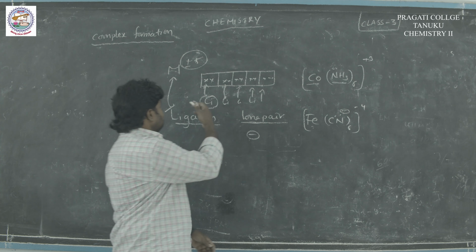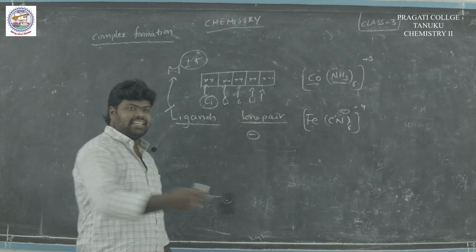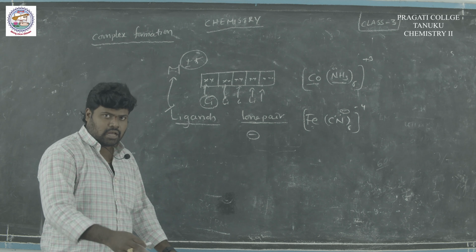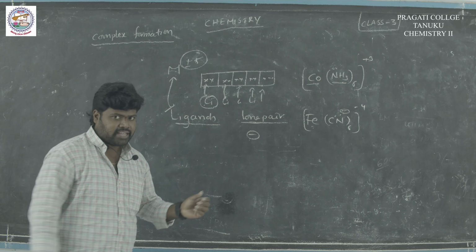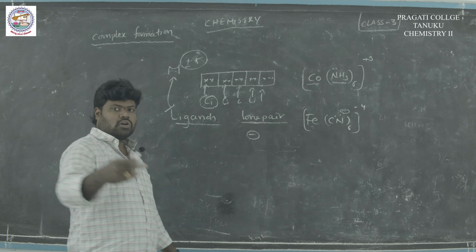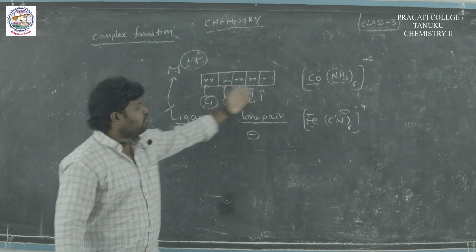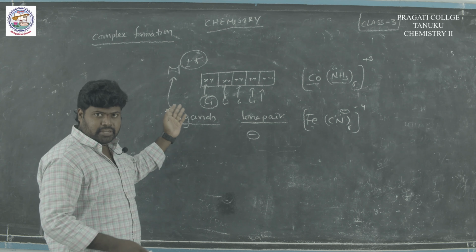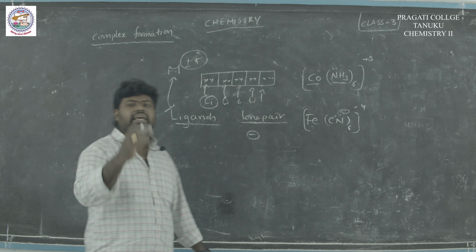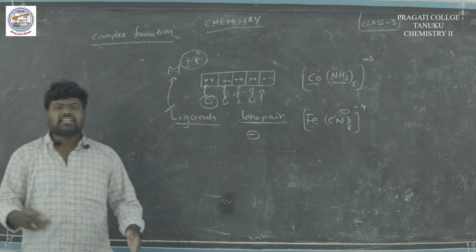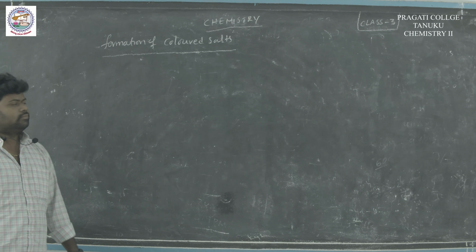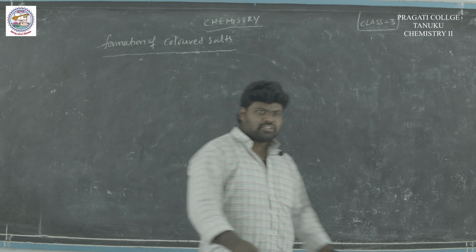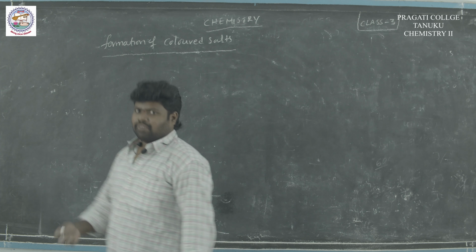These transition elements easily form coordinate covalent compounds with ligands because they have a small atomic radius, exhibit variable oxidation states, and contain vacant d orbitals. At the same time, metals have high nuclear charge, so the nuclear force of attraction is very high. Okay. The next property is the formation of colored salts or colored compounds in aqueous solutions.